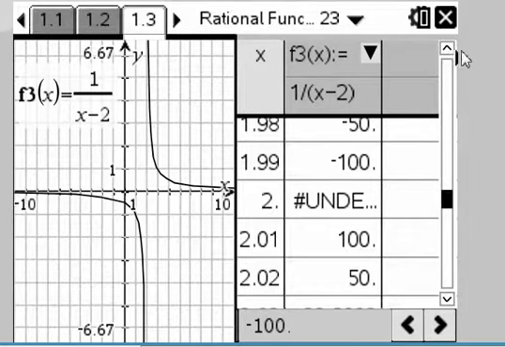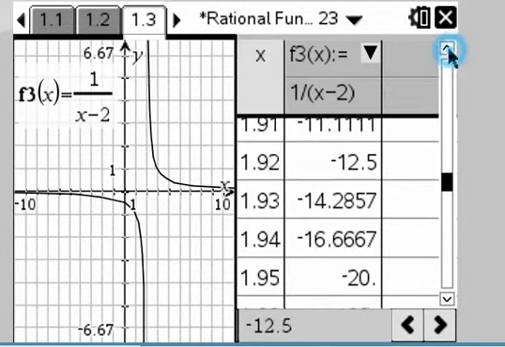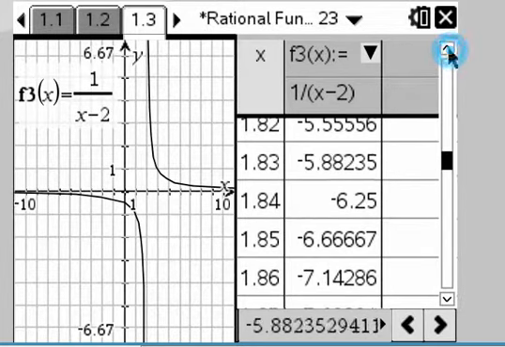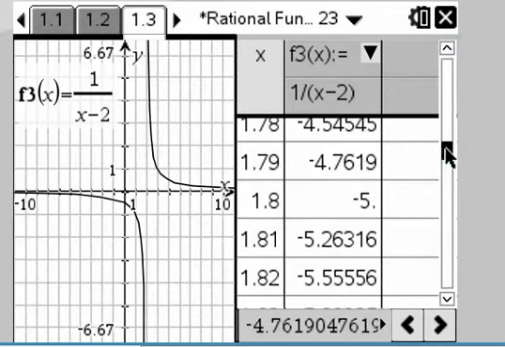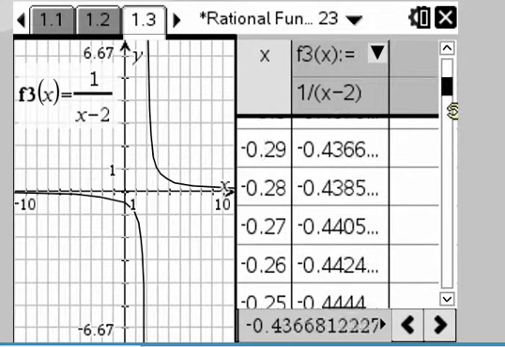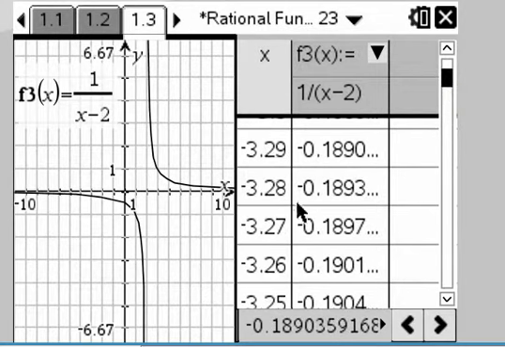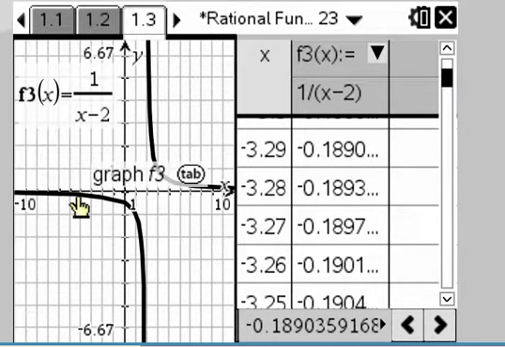And as we move down the table in a negative direction, it gets smaller and smaller as it starts approaching. So we're following the graph right here.